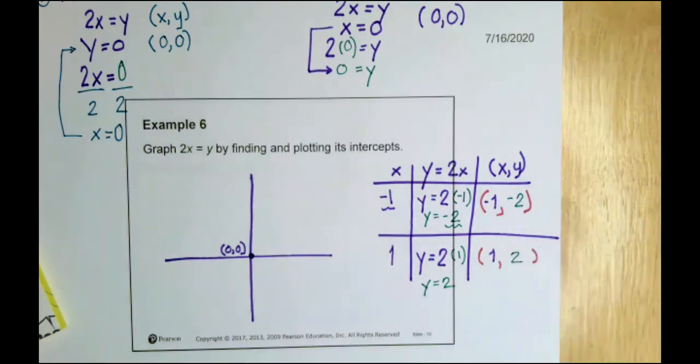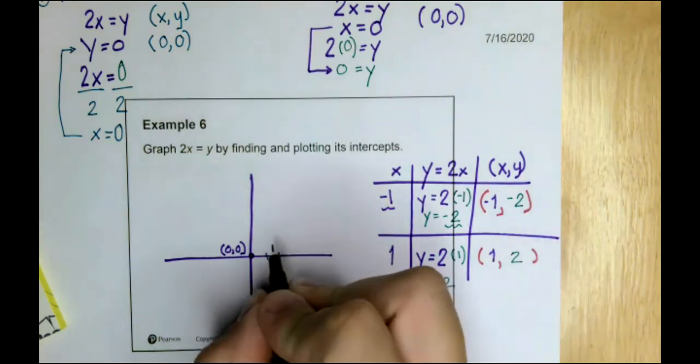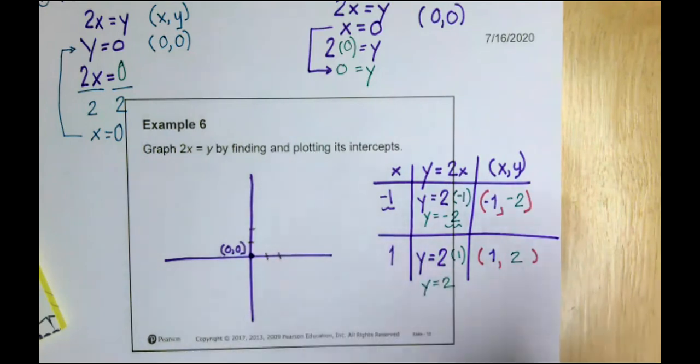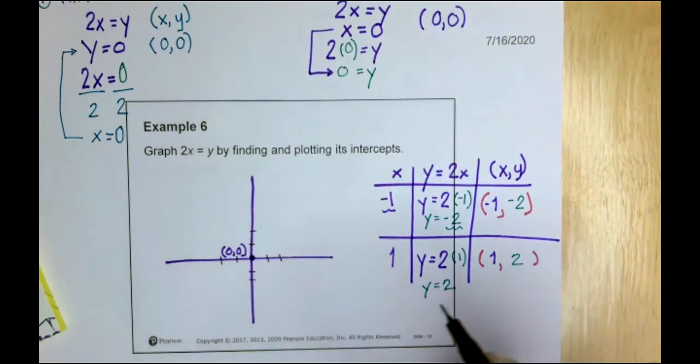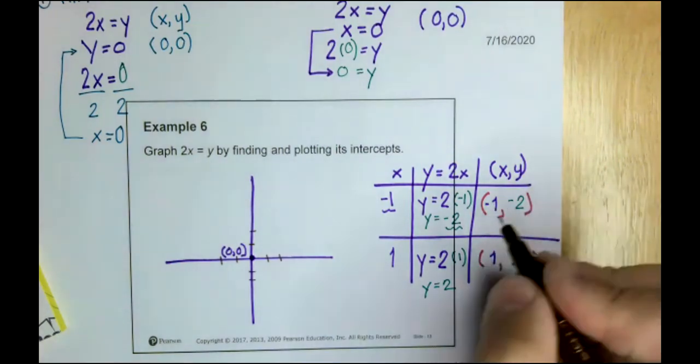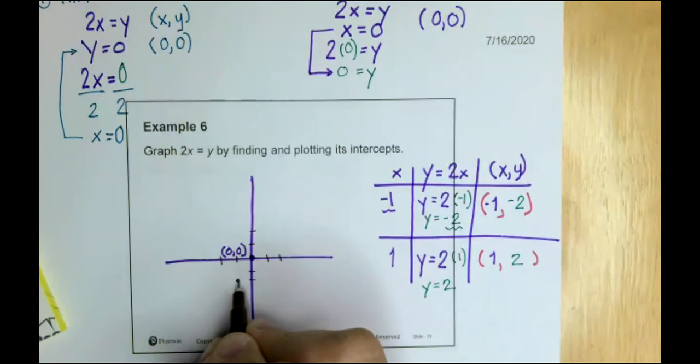Okay, now I graph these. So remember, it goes x, y, x -1, y -2.